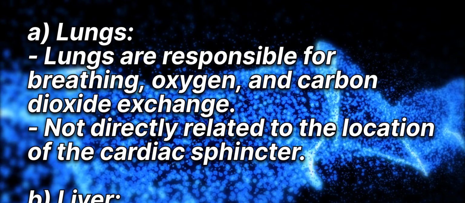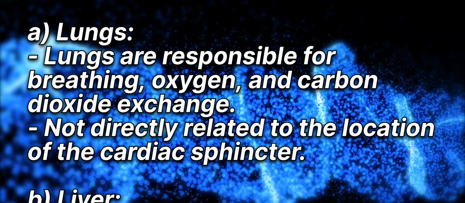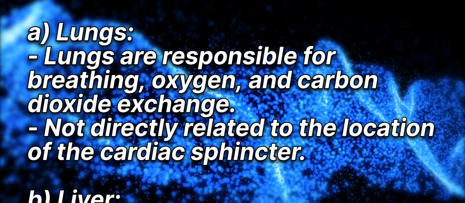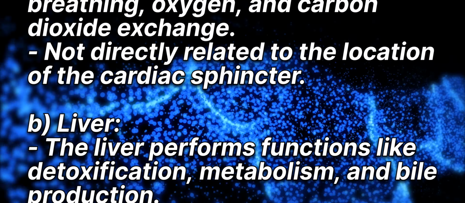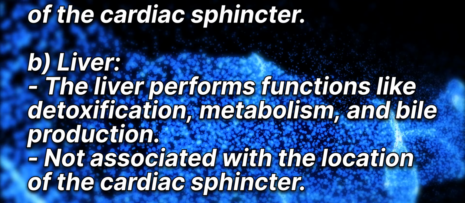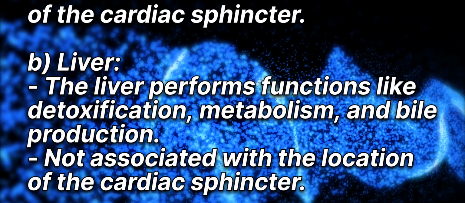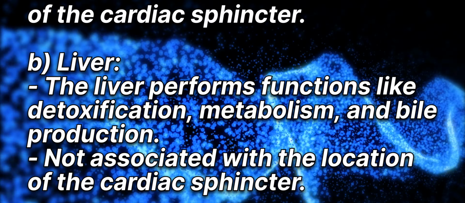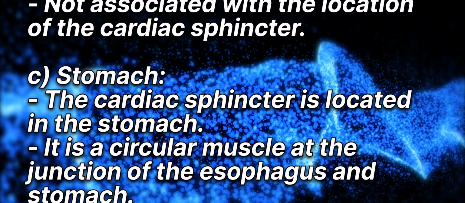Lungs are responsible for breathing, oxygen, and carbon dioxide exchange. Not directly related to the location of the cardiac sphincter. B. Liver. The liver performs functions like detoxification, metabolism, and bile production. Not associated with the location of the cardiac sphincter.